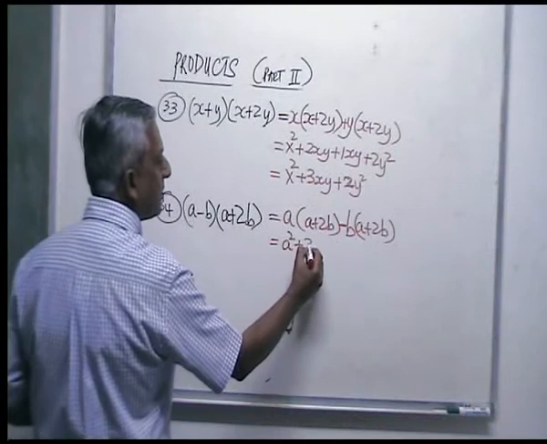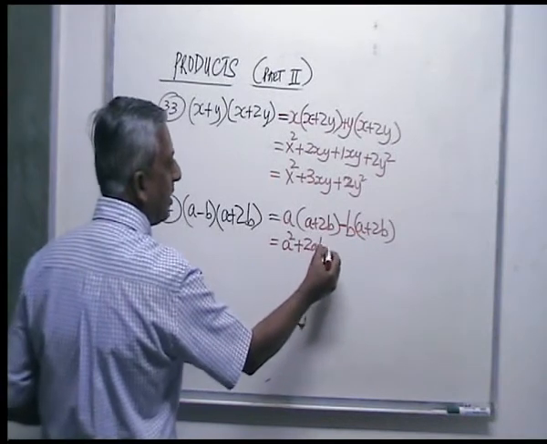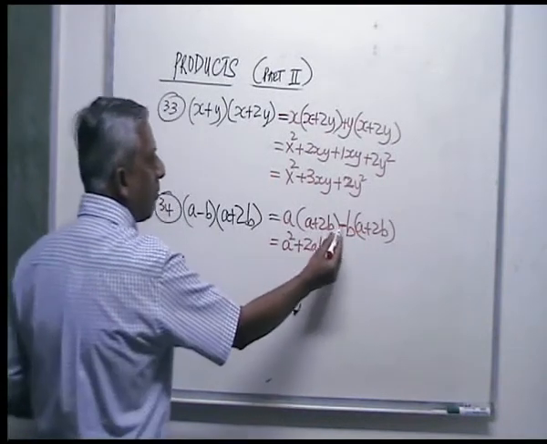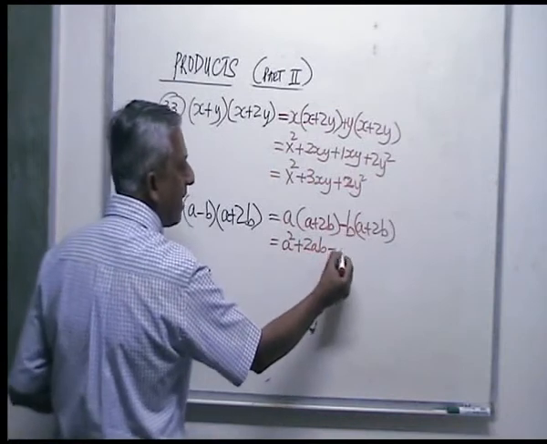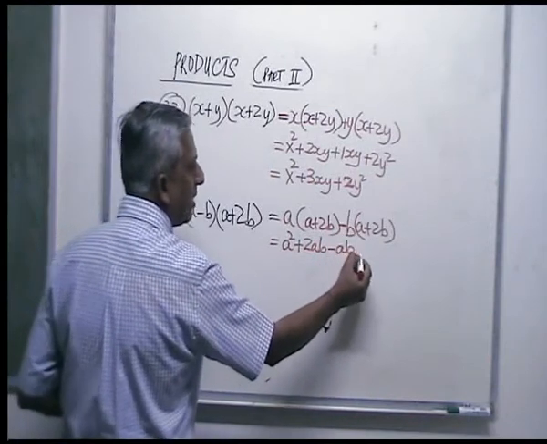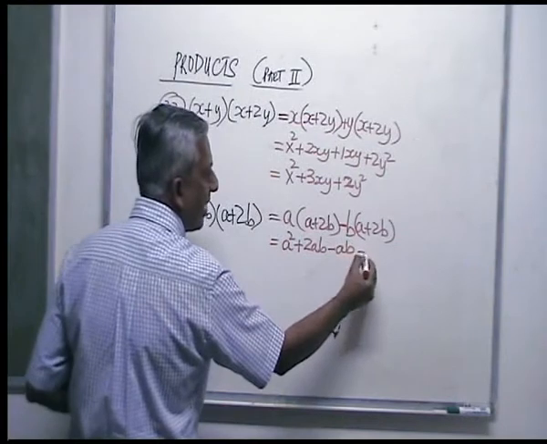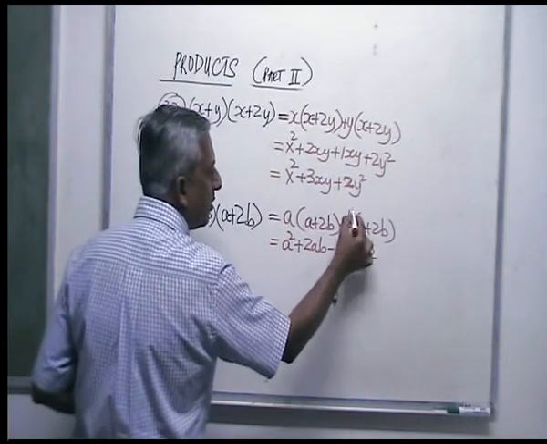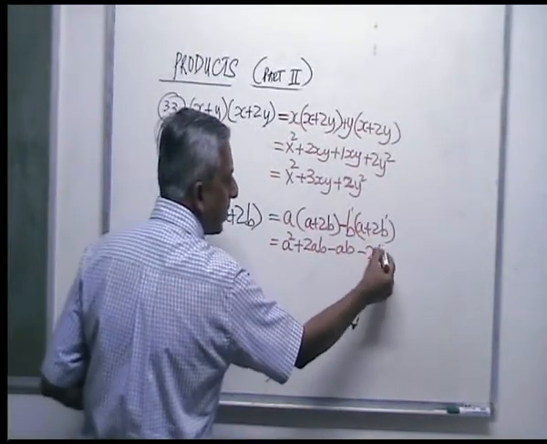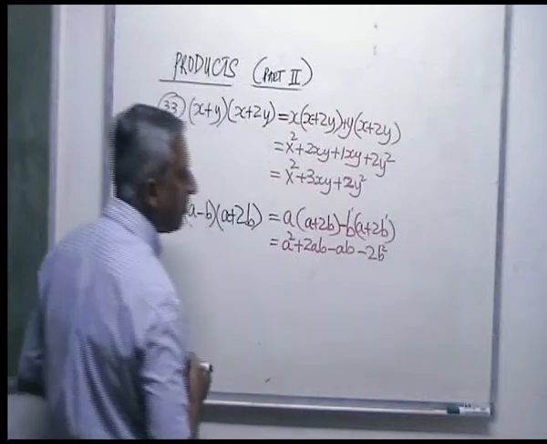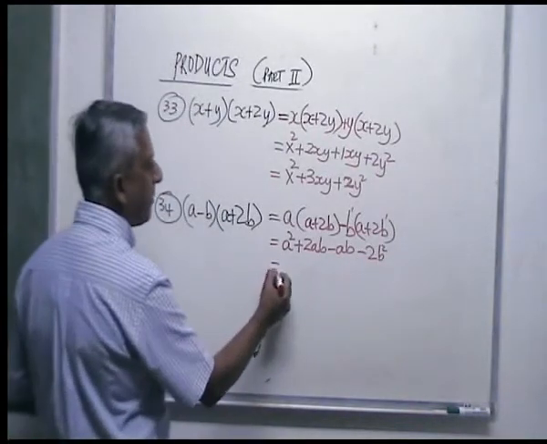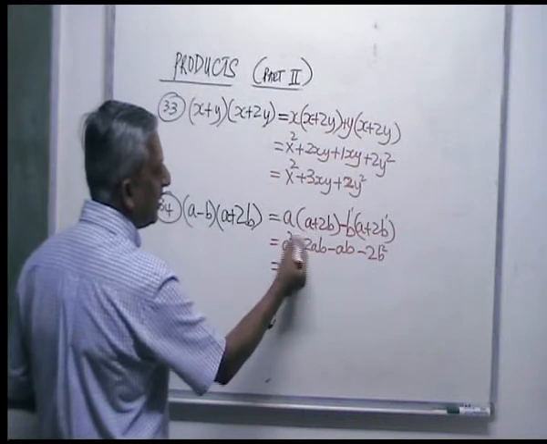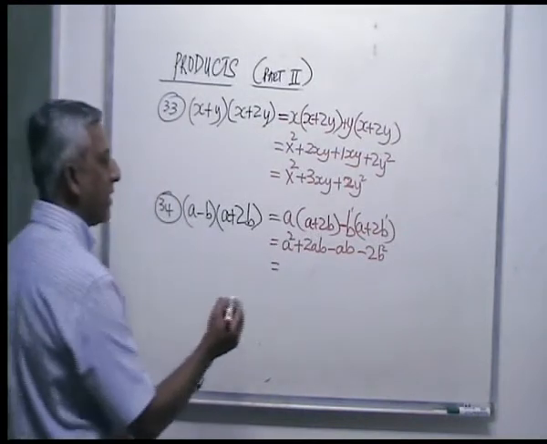A times 2b gives you 2ab. Now be careful, minus b times a gives you minus ab. Minus times plus gives you minus 2b squared. Remember, power law works here. You see, bases are the same. And here too, the power law is working. That's how we got a squared.